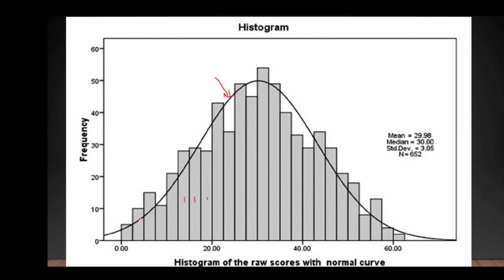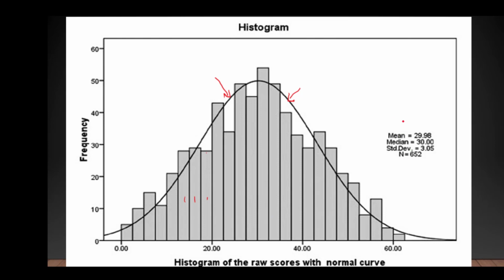When we make these bins smaller and smaller and smaller, if it's a normal curve, it'll resemble this bell-shaped curve here. So this bell-shaped curve is the normal curve, and it's derived from making bins of data smaller and smaller and smaller.